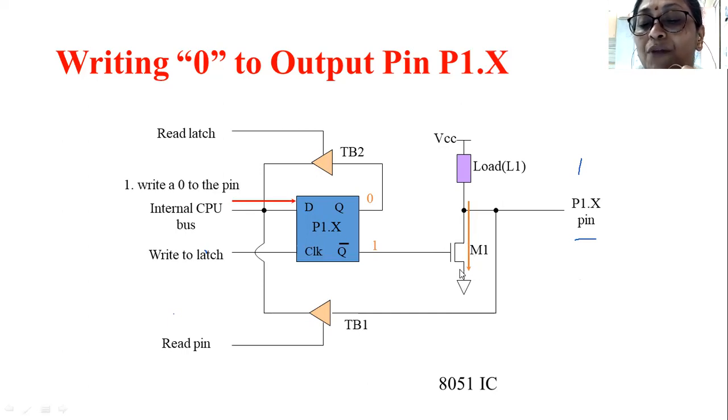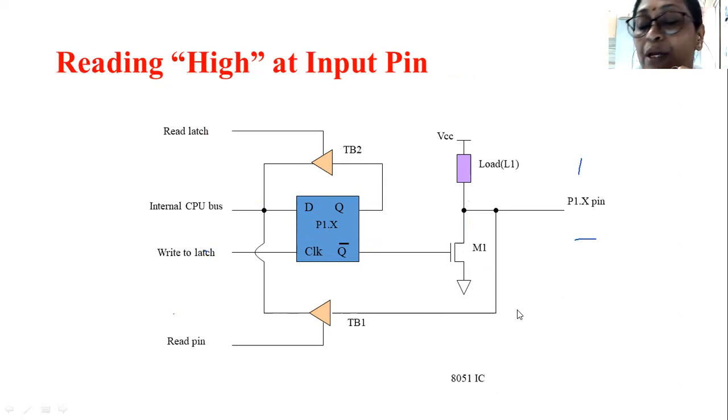It will offer very, very low resistance. That means this is as if you are connecting this P1.x pin to ground potential. And when you are connecting this at ground potential, the output pin will be at ground and therefore the output will be logic 0.